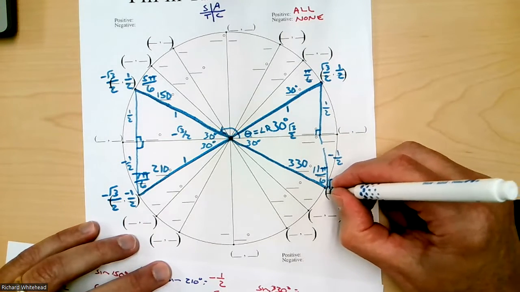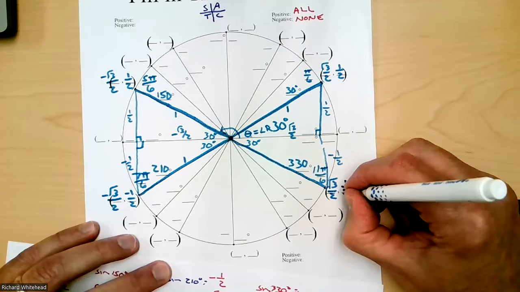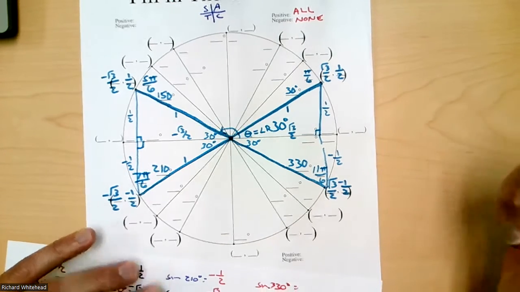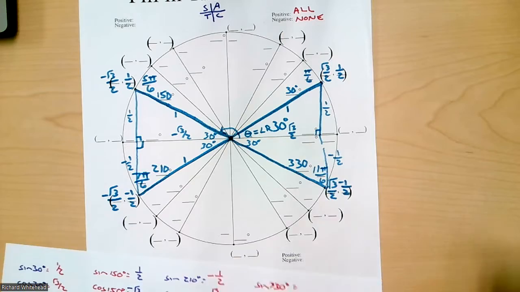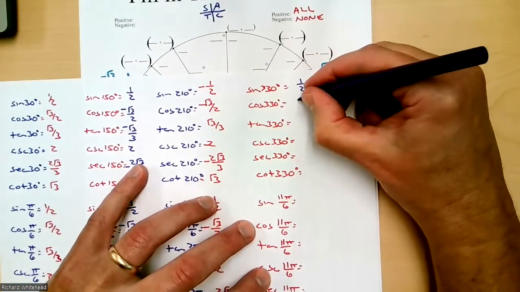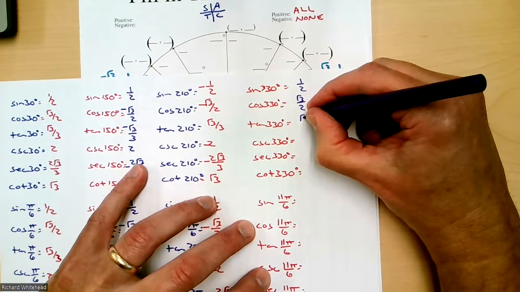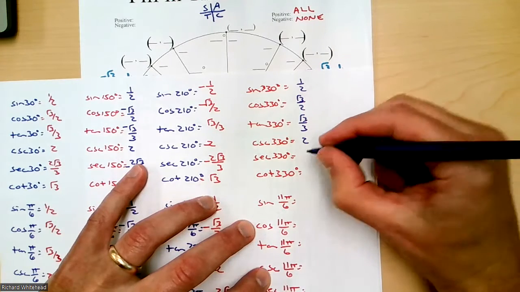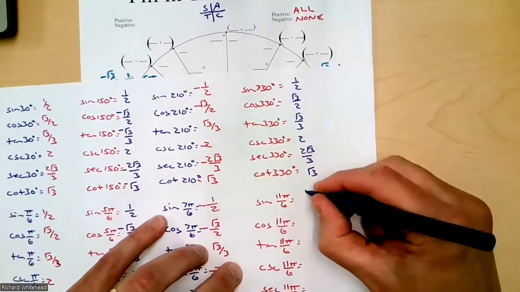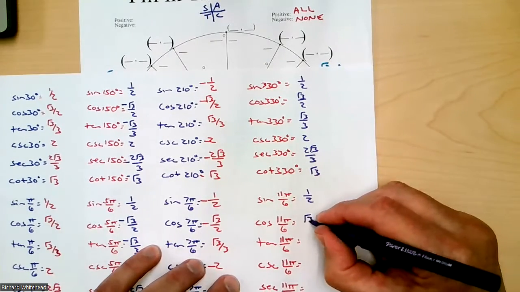So X is positive root 3 over 2, Y is negative 1/2, which means in the fourth quadrant we just follow our rule again. These guys, once again, are the same set of values, except we change based on the quadrant.